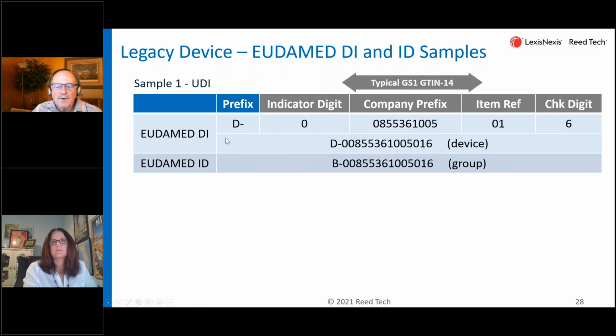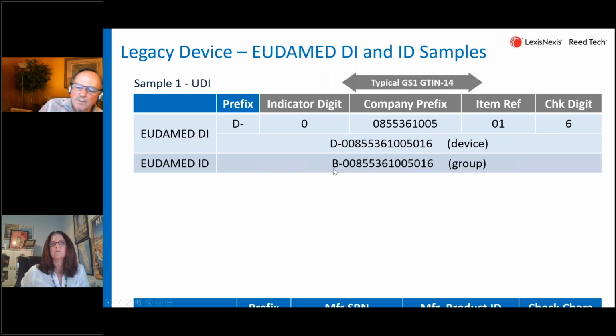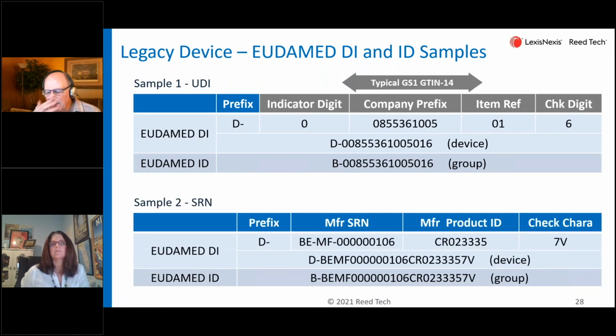So to create a UDI-DI for the individual device, you put that D dash in the front end, and then the very same identifier is used for the group, but all you need to do is change the prefix to a B. And there's a similar type of construct here based on an SRN. If you have an SRN, you'll have a 3-segment number for your company.